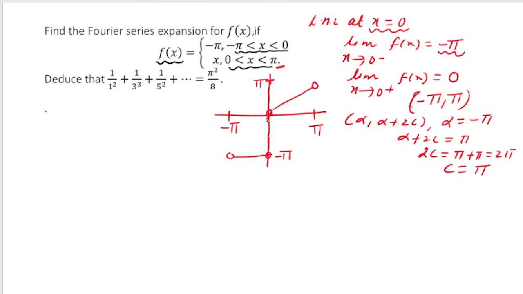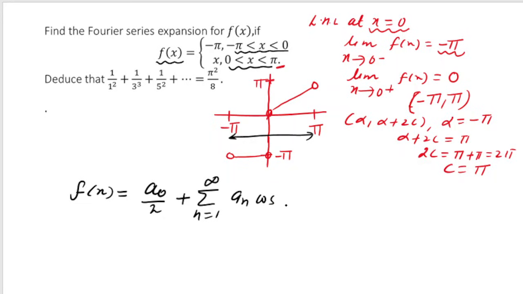So in case there is a point of discontinuity, how to write the Fourier series? Let's understand. I also hope you have noted that the interval is from minus pi to pi, so the total length is 2 pi. So how will the Fourier series be written? f of x is equal to a naught by 2 plus summation n varies from 1 to infinity a n cos n pi x by c, but here c is pi, so it will be a n cos nx, plus summation n varies from 1 to infinity b n sin n pi x by c.